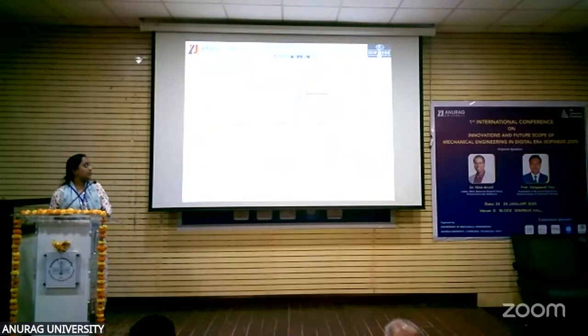This is the general methodology of pyrolysis. First, a feedstock is introduced, and then pre-processing is done, where the moisture or any unwanted materials are removed. Then the material is introduced into the pyrolysis reactor. From the pyrolysis reactor, we can obtain three types of products: syngas, bio-oil, and solid residue.